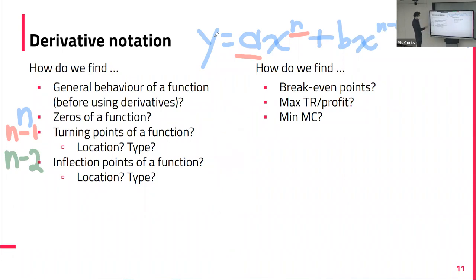So that gives us an idea of how many possible turning points, and then also the leading coefficient here. What does the sign of this a term tell us? If it's positive, what will the function do? Okay, the right side will be going up, and if it's negative, the right side is going down.